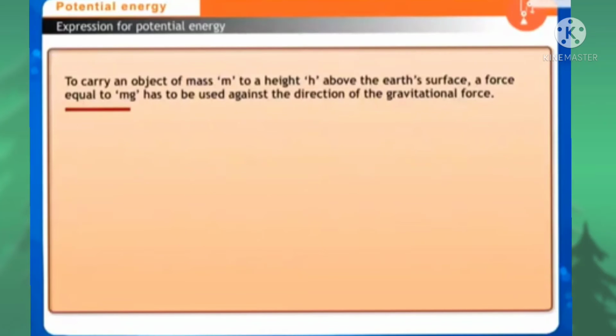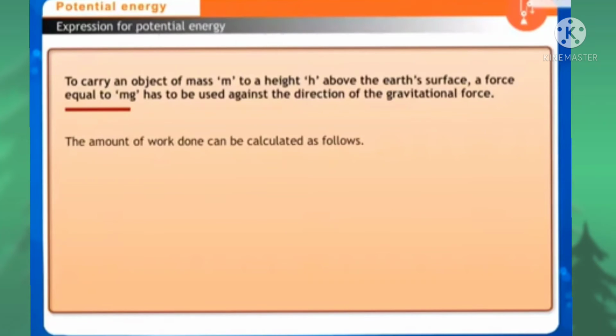Expression for potential energy. To carry an object of mass m to a height h above the Earth's surface, a force equal to mg has to be used against the direction of the gravitational force.